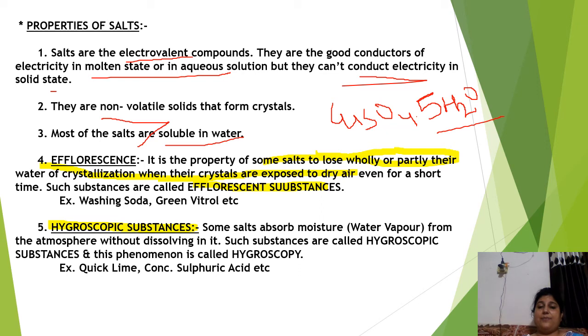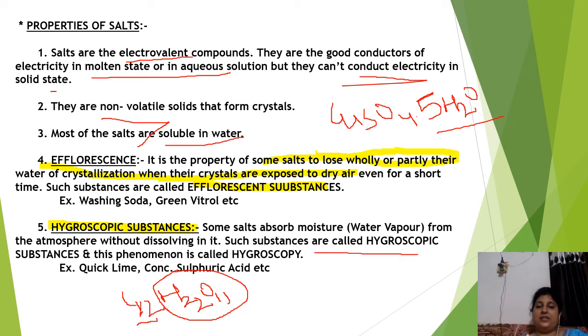What do they do? They absorb water vapor. For example, the formula of sugar is C12H22O11. When you add H2SO4 to it, it will absorb the water molecules and only black carbon is present over there. So some substances absorb moisture from the atmosphere, but they don't get dissolved in it. Those substances are known as hygroscopic substances.